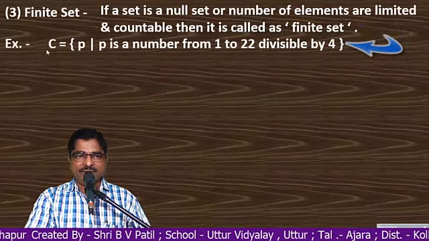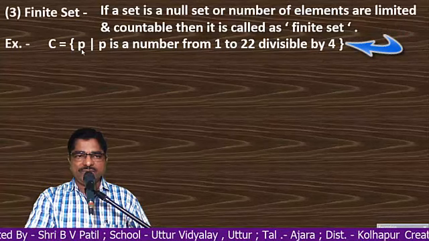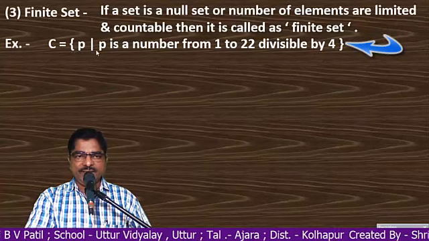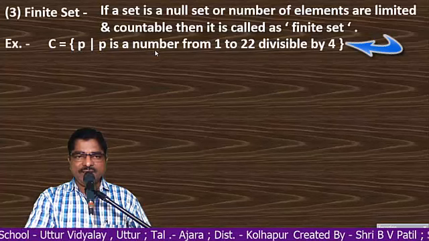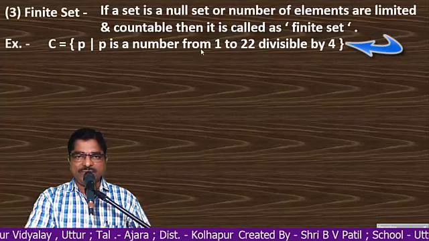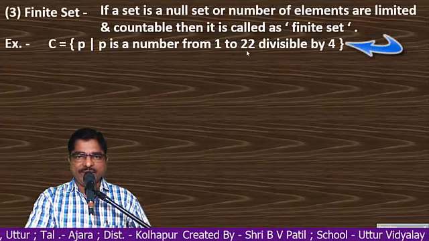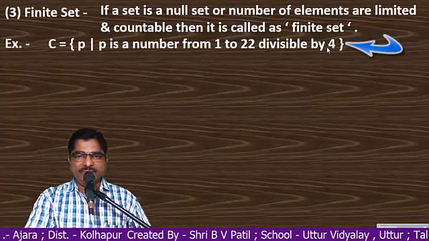For example, C is equal to curly bracket P such that P is a number from 1 to 22 divisible by 4.